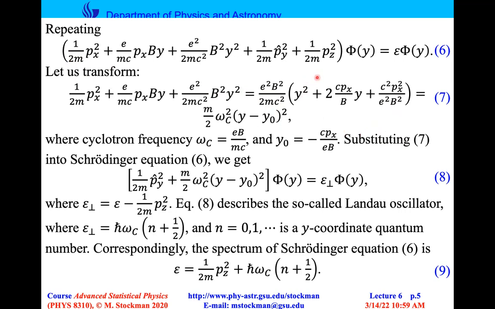And you see that this is a complete square. So this is a certain coefficient that I will denote as m over 2 omega squared c, multiplied by y plus some addition, this additional term minus y naught, and all this squared.